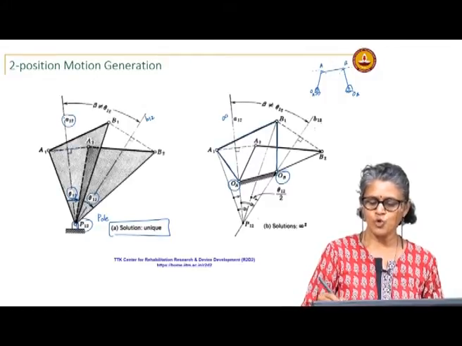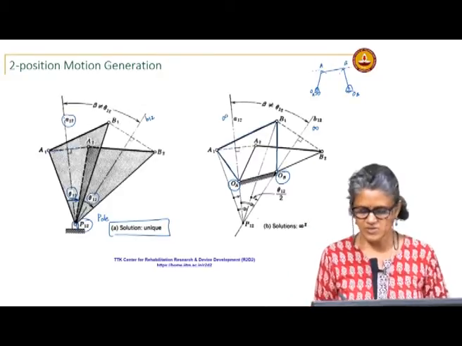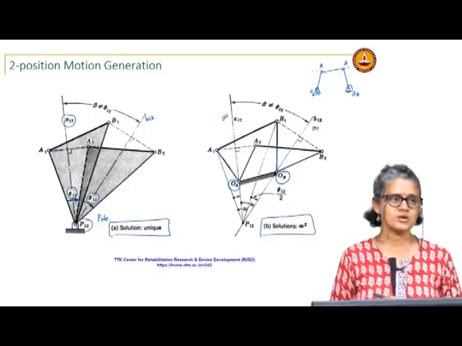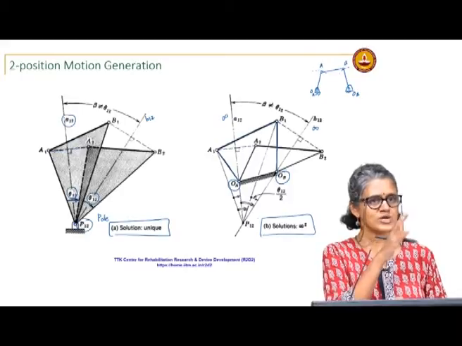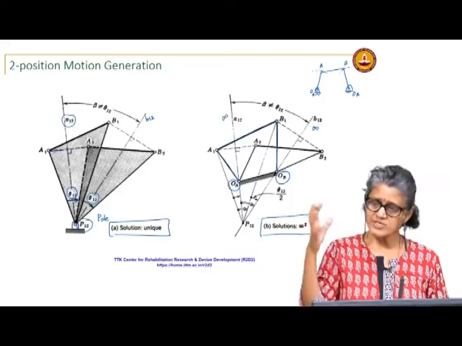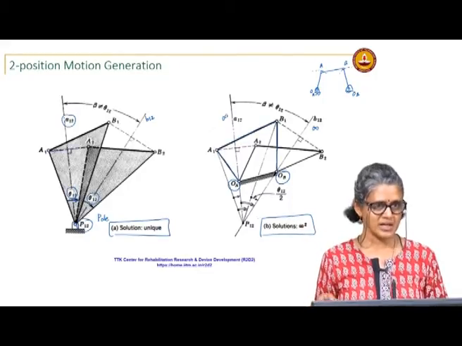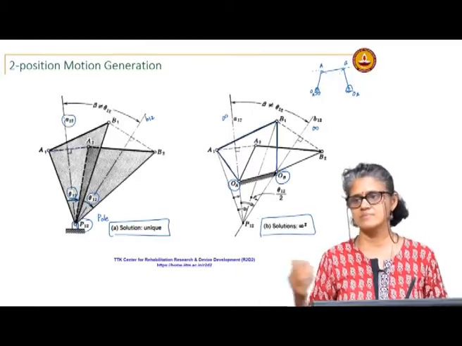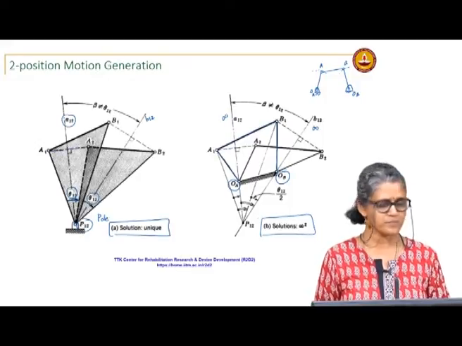Similarly, for OB I have an infinity of choices. Okay. So, I say that I get infinity square solutions for the 4 bar to achieve this 2 position synthesis. Of course, other constraints will come in which will limit the number of solutions that you eventually come up with, but theoretically I could have infinity square solutions for this problem. Okay.